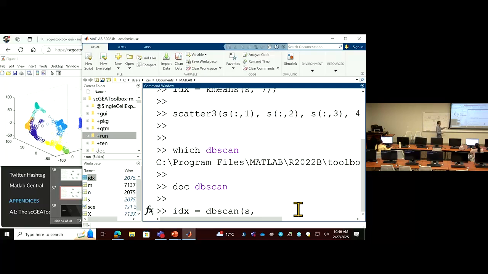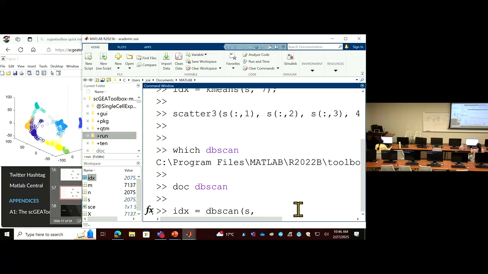So in this case, you still take the embedding, the coordinates of cells, as the input for this algorithm. But you need two parameters. Remember, the parameters define how long the radius is and the minimum number of cells to be considered in that region.